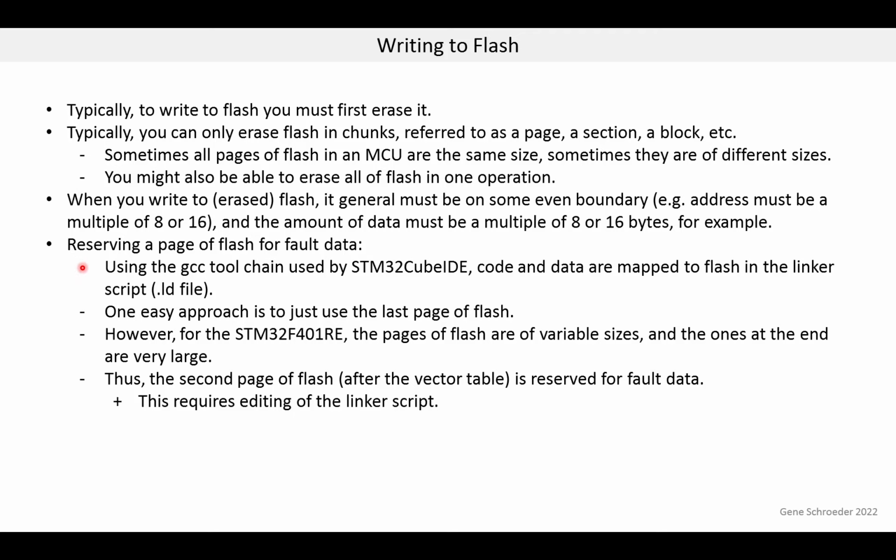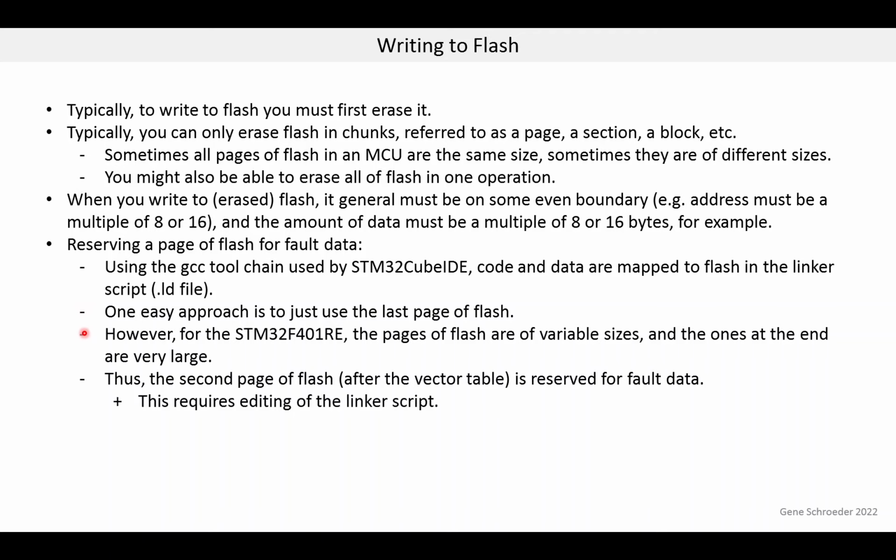So we're using the GCC toolchain, which is used by our IDE, and the code and data are mapped to Flash in the linker script. Now, one easy solution to choosing a page is just to use the last page of Flash. And as long as your code isn't using all pages of Flash, this is simple.